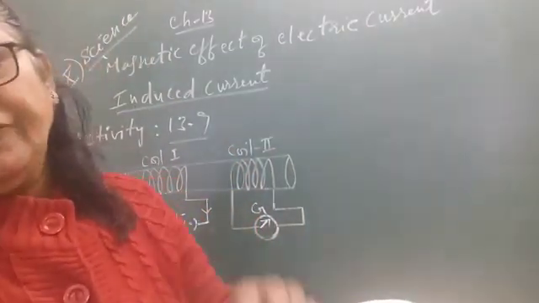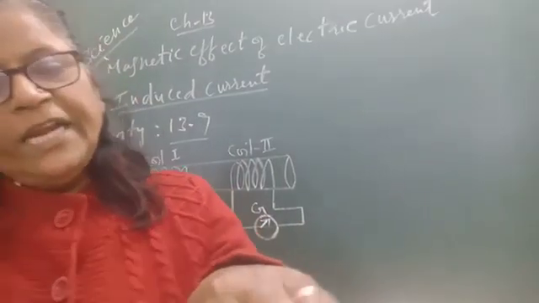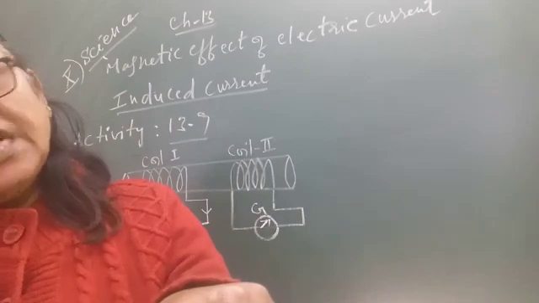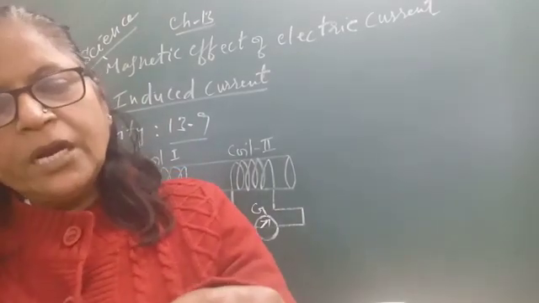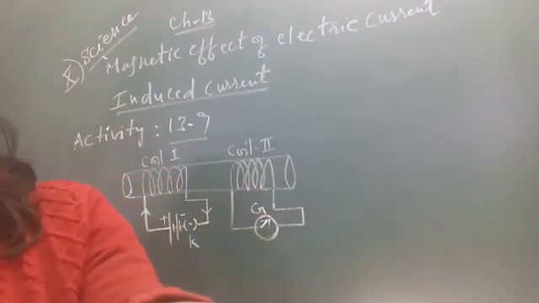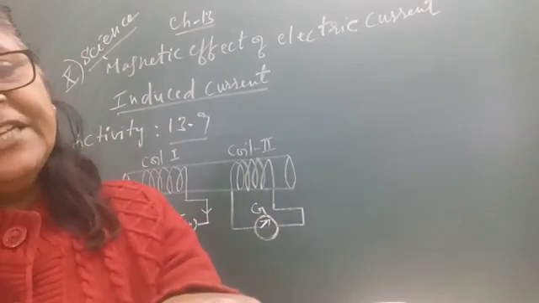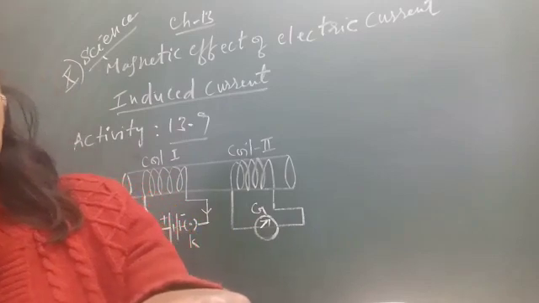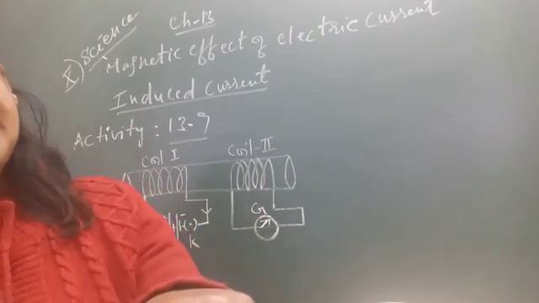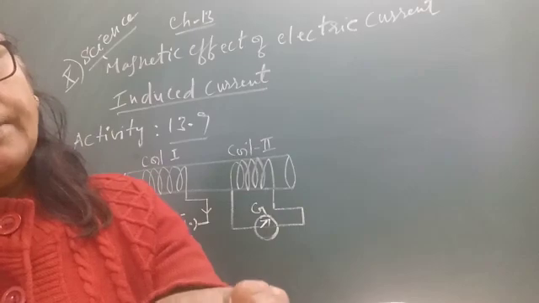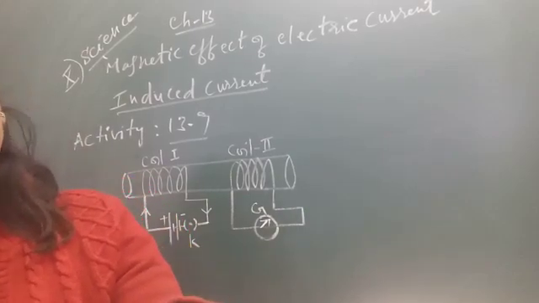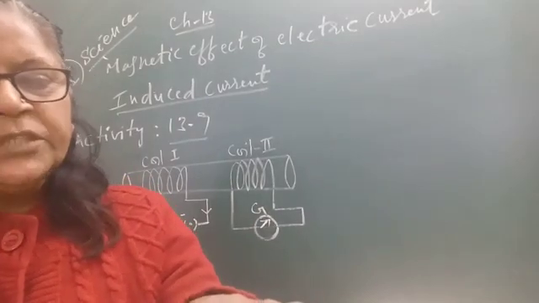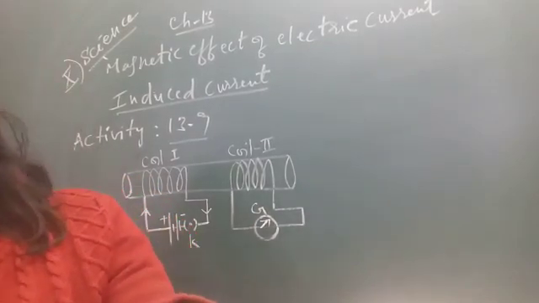As the current in the first coil changes, the magnetic field associated with it also changes. Thus, the magnetic field lines around the secondary coil also change. Hence, the change in magnetic field lines associated with the secondary coil is the cause of induced electric current in it.